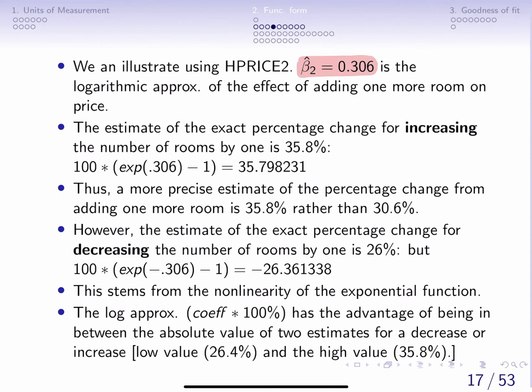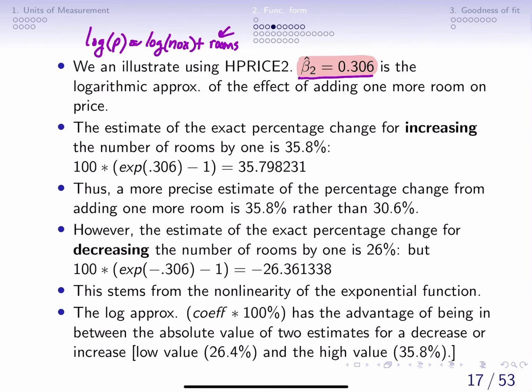Let's say we estimated the model that we described before, where you have log of prices regressed on log of nitrous oxide plus the median number of rooms, with an intercept that I'm not writing. And let's say that beta 2 hat, which is the coefficient on rooms, comes out to be 0.306.